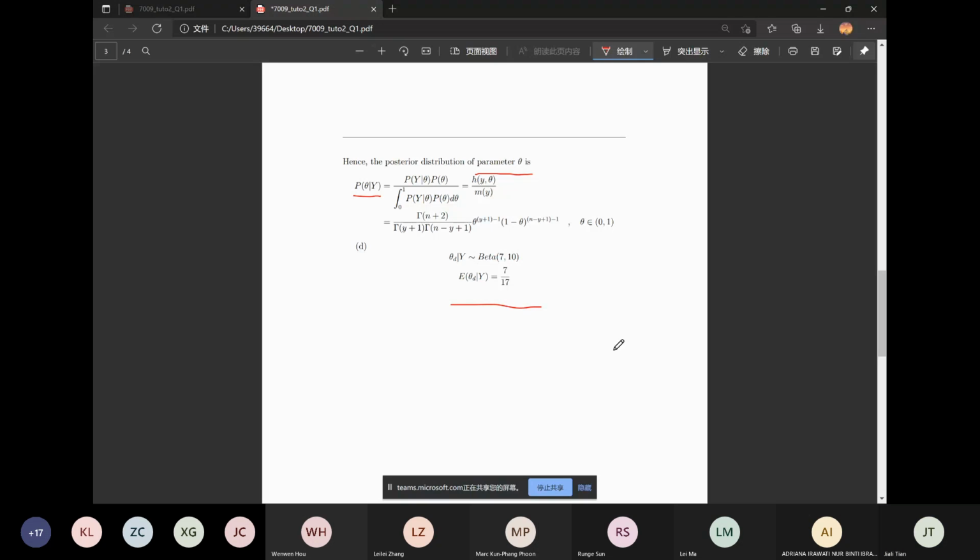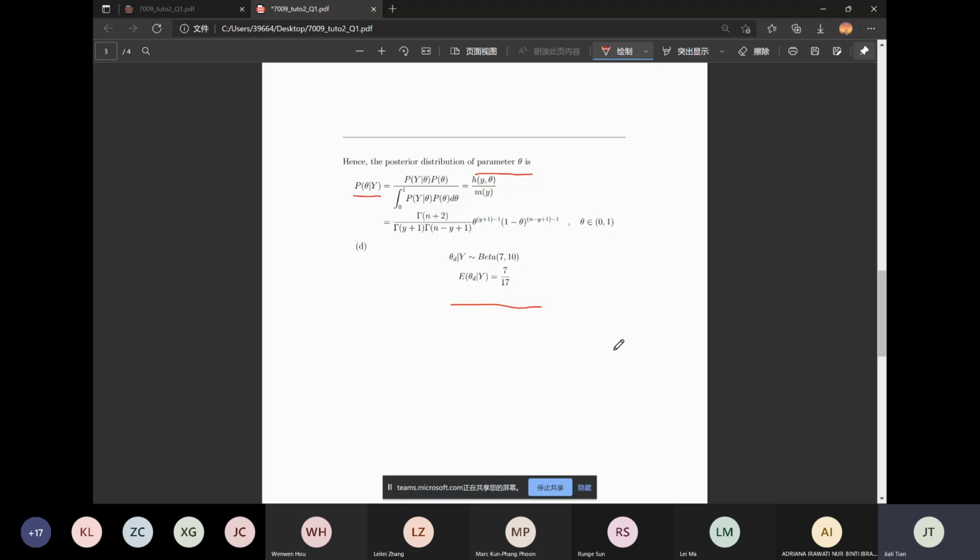That's why it's not wrong, it's just not necessary. You are doing extra work. You just multiply your likelihood with 1, and you get the kernel of a beta. So actually you will get beta 7, 10.